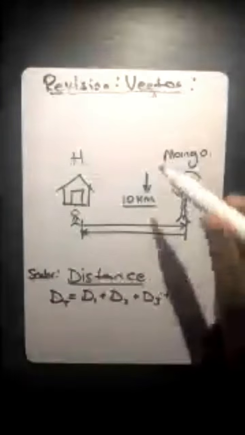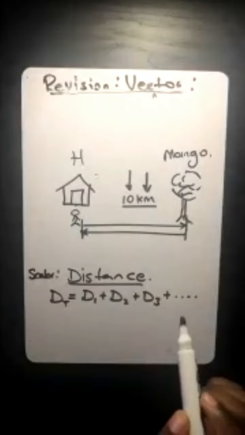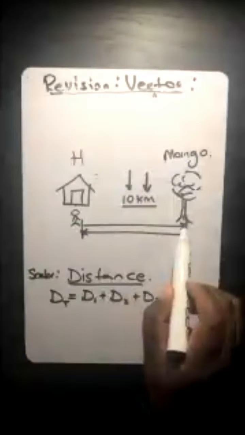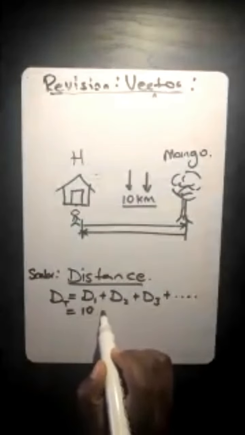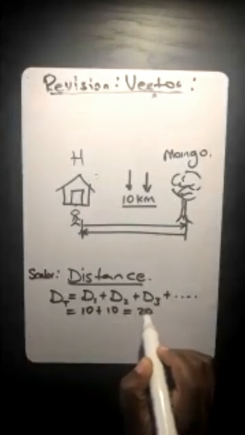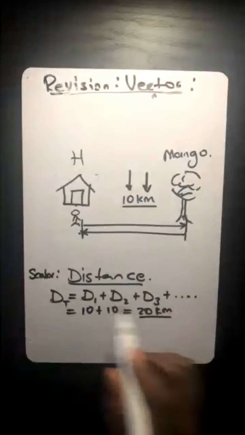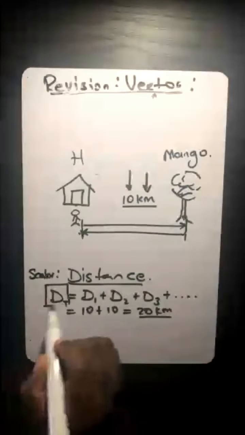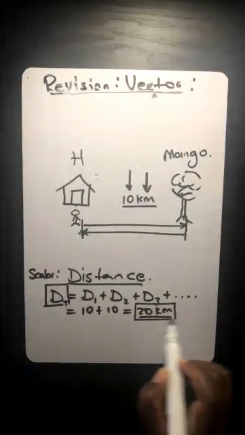The value of the distance is 10 kilometers. So you will travel 10 kilometers, another 10 kilometers, which is 10 kilometers plus 10 kilometers, which is going to be 20 kilometers. Can you see, when you calculate the distance, we are only interested in the magnitude, being the value.